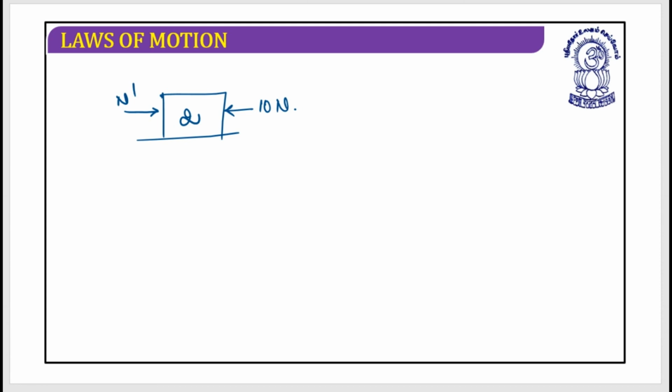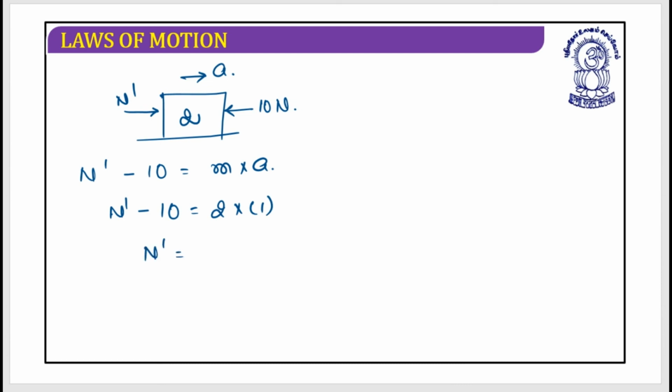And this system is moving in this direction. This is the acceleration of the system. So n dash minus 10 equals mass into acceleration, so n dash minus 10 equals 2 into 1 meter per second square. So n dash equals 10 plus 2, which is 12 Newton.